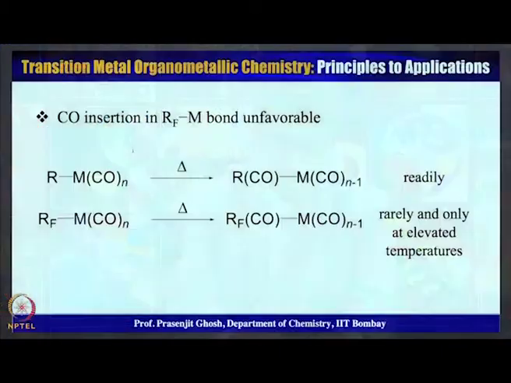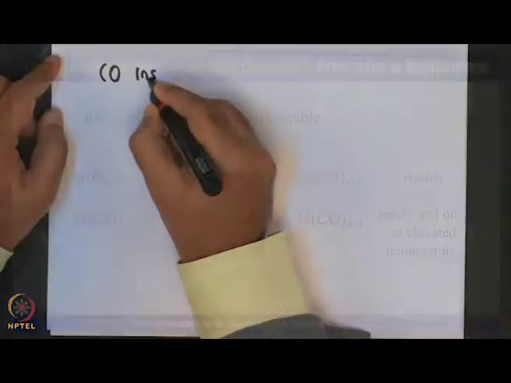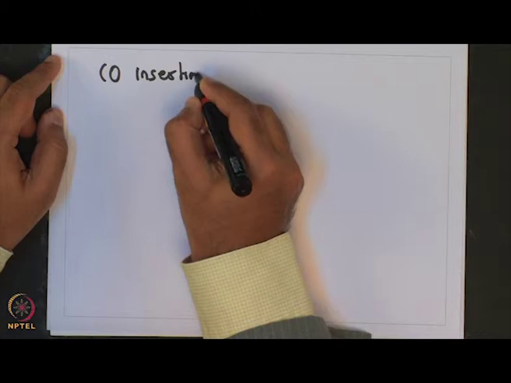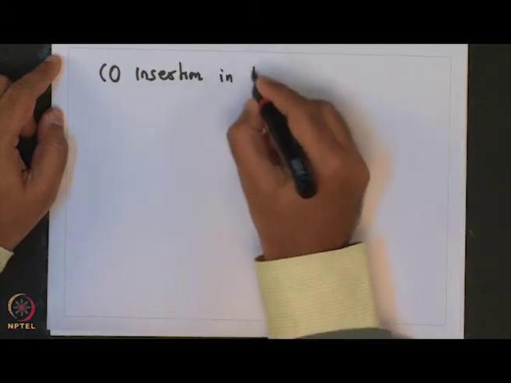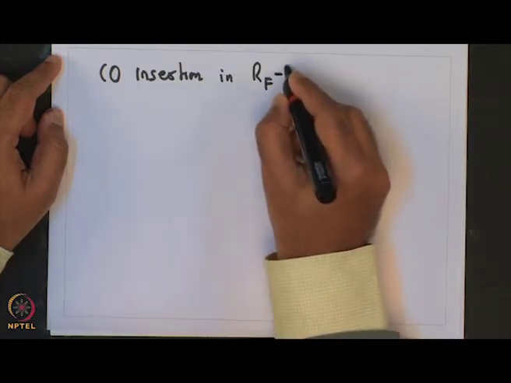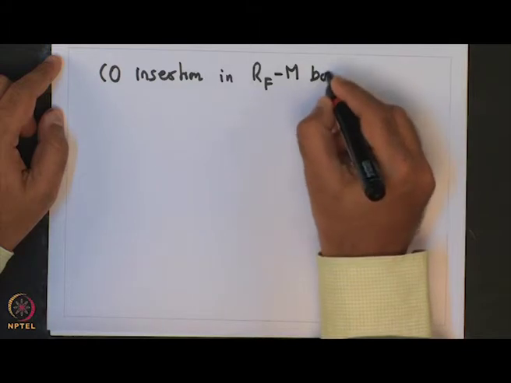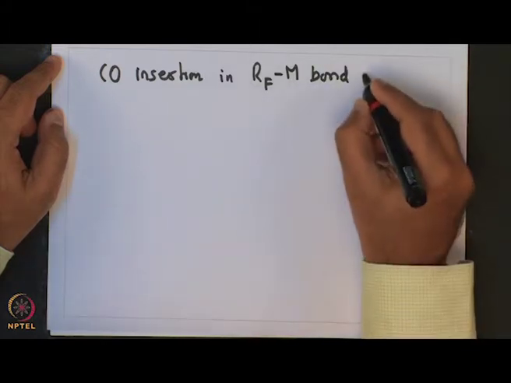For example, CO insertion in the RF metal bond is unfavorable.